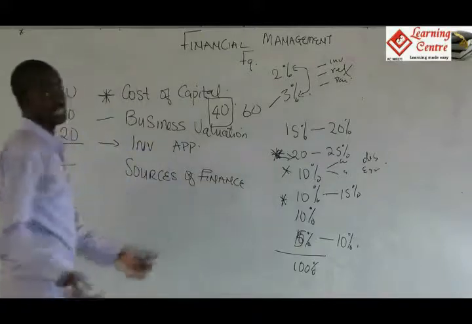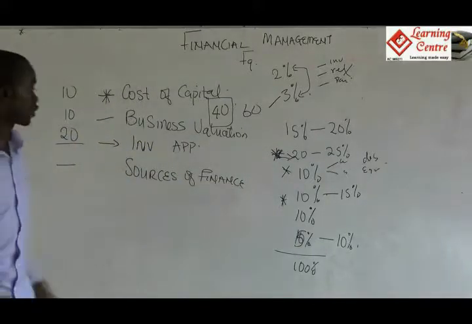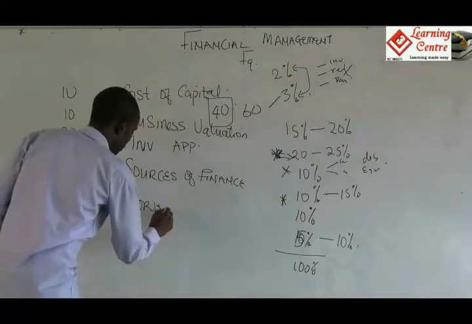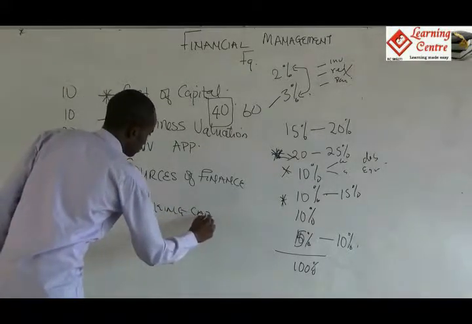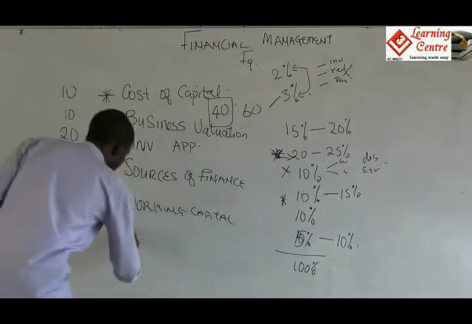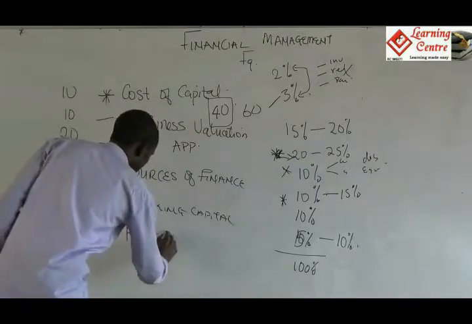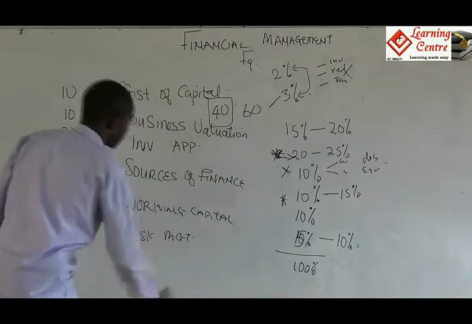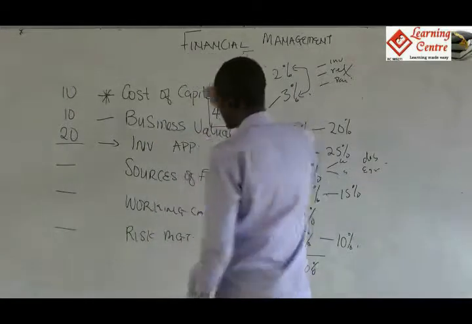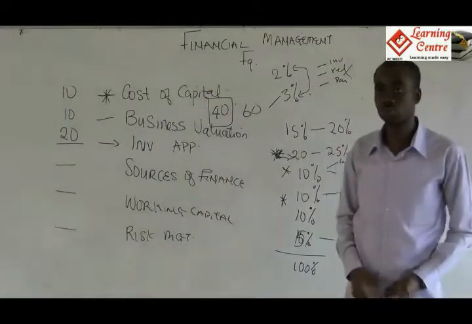This can be a standalone if you want, and also our what? Working capital. Finally, what do we have? We have risk management.